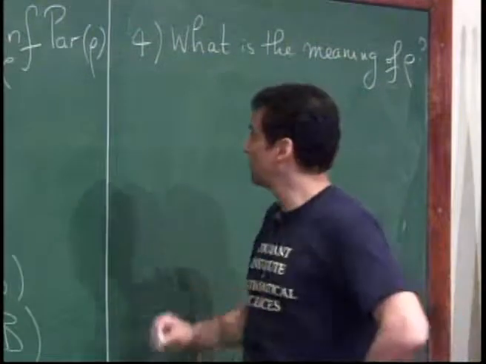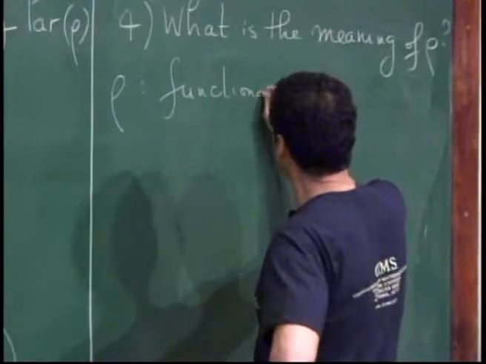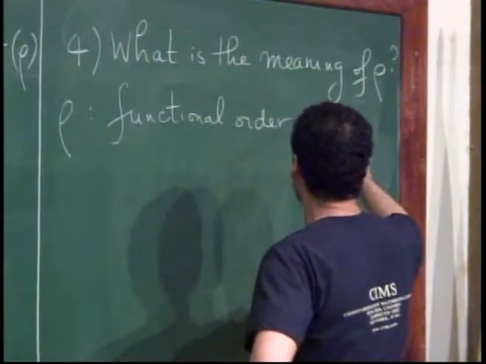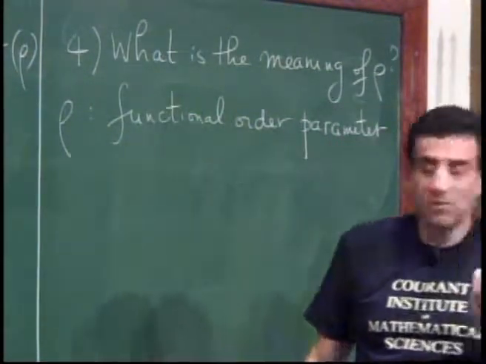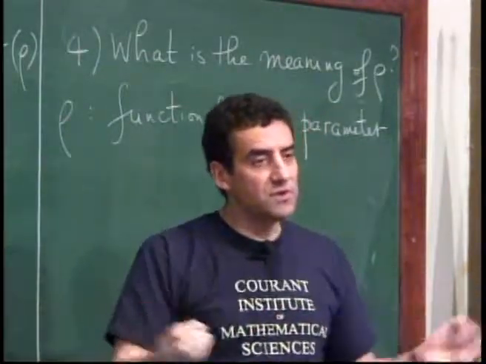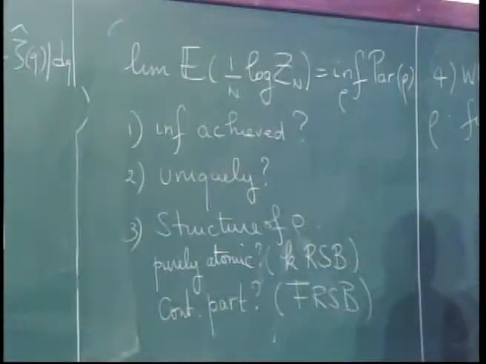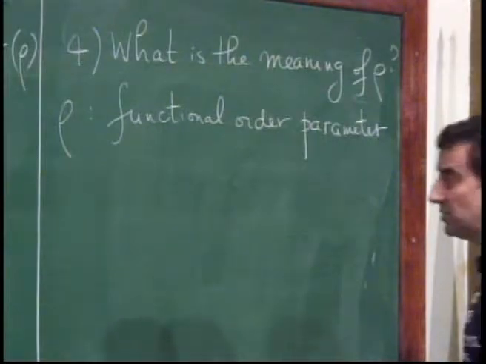Rho is the functional order parameter, as physicists say. Right? So as in the Curie-Weiss model, where the only parameter was the magnetization, here the only thing that seems to matter is this rho, which is infinite dimensional because it's a distribution on [0, 1]. Of course, if it's purely atomic, it's not really infinite dimensional, but you don't know a priori what it is. So what does that mean? What is that supposed to mean? What is this object?